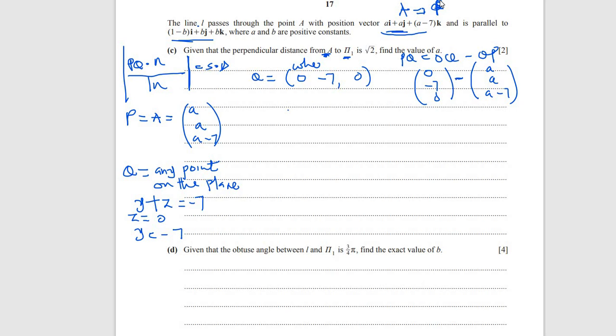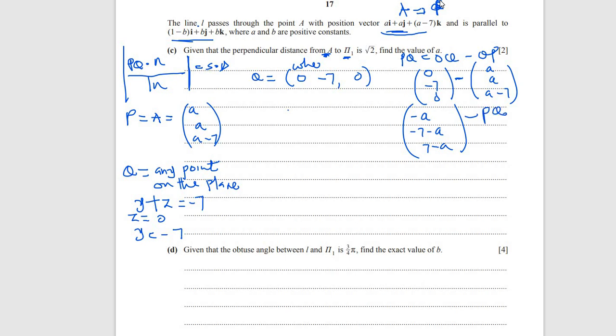This gives 0 minus A, that's minus A. Minus 7 minus A gives minus 7 minus A. 0 minus minus 7 gives 7. That's PQ.